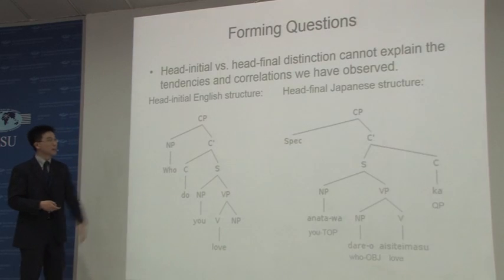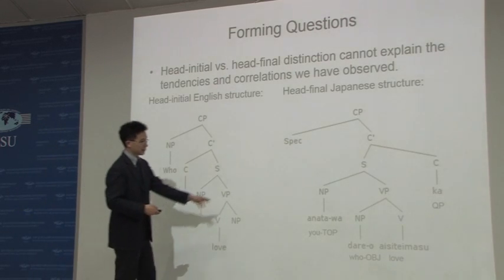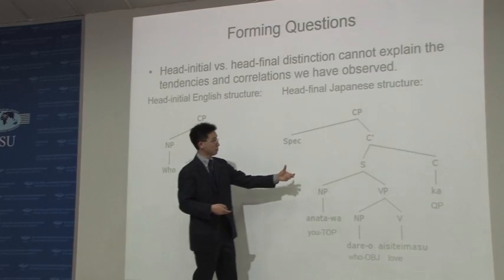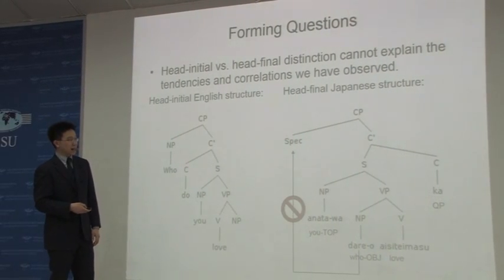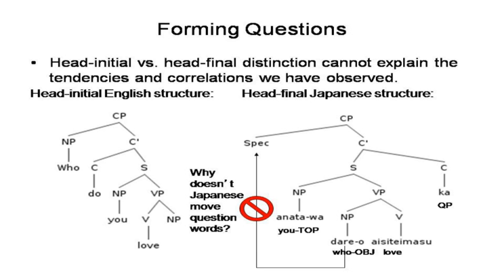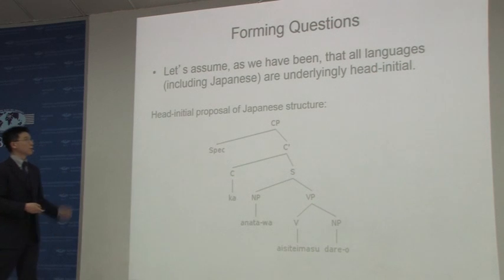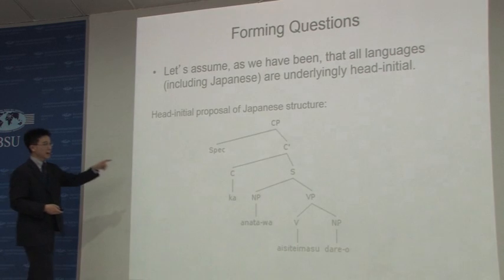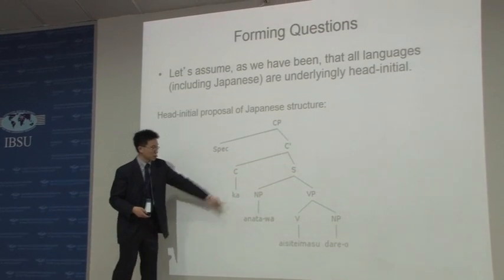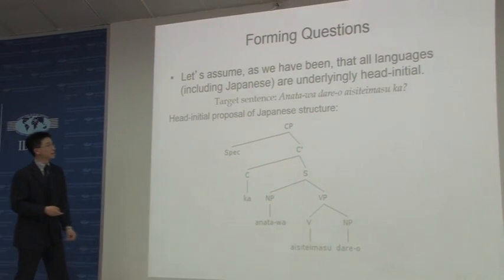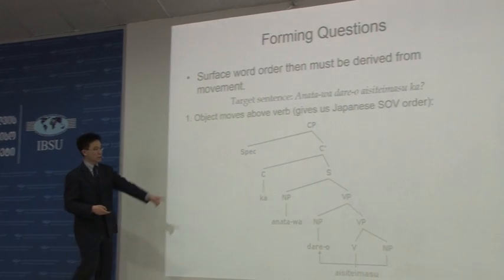Who do you love? If you have Japanese, here you have the order that's head final. You cannot move to that position. Why is that the case? So instead, Kayne proposes that Japanese is not head final, it's head initial. So it looks like this. And here is the question particle. So in fact, the point is everything moves.